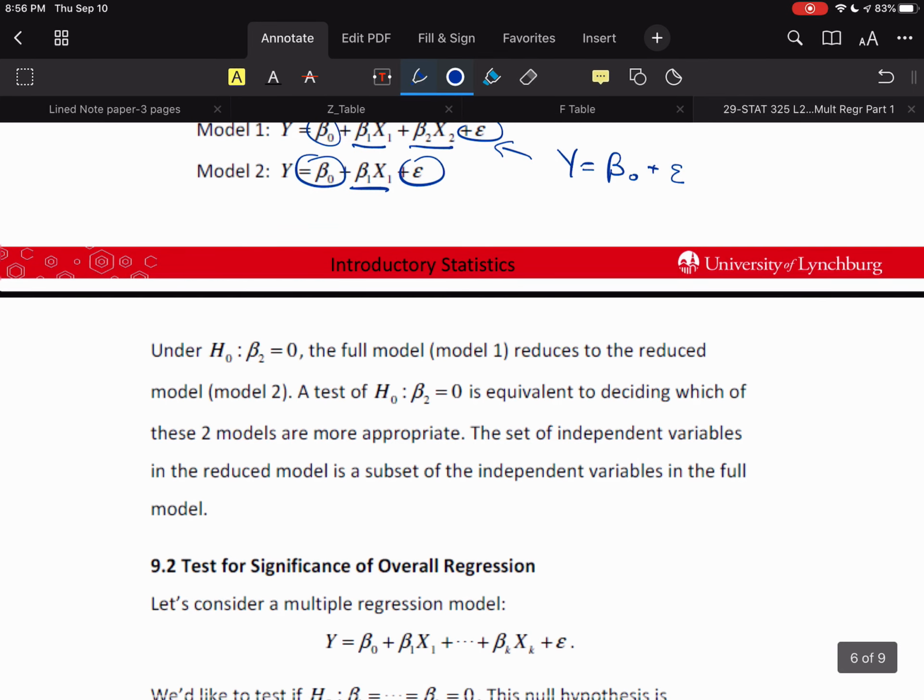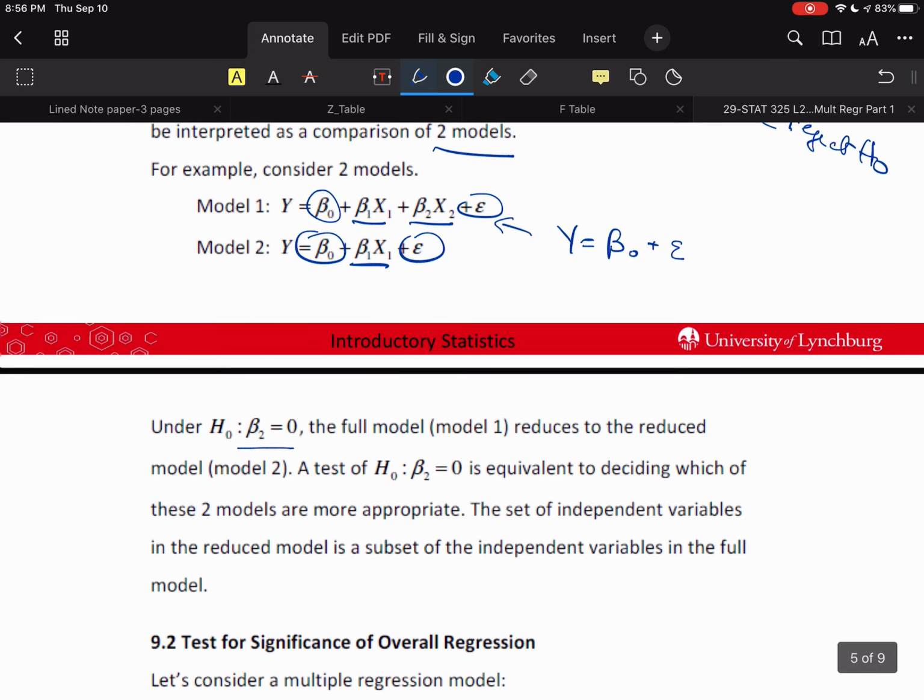Okay, so under H naught beta 2 equals 0, the full model reduces to model 1, okay? So if beta 2 is equal to 0, then basically we get rid of this term. If that's 0, then we basically end up with model 2.